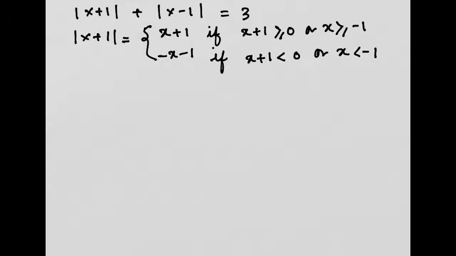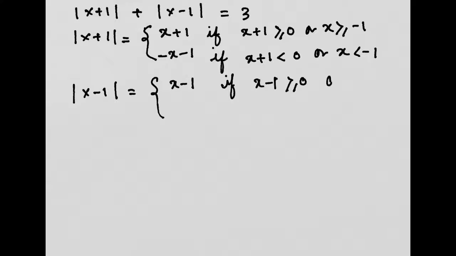Then I am considering the second term, modulus of x minus 1. In a similar manner, it is x minus 1 itself if x minus 1 is greater than or equal to 0, or x greater than or equal to 1.